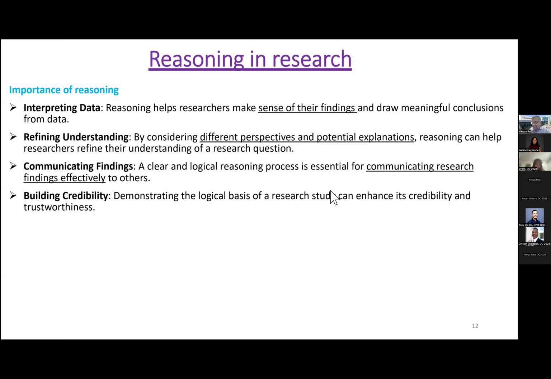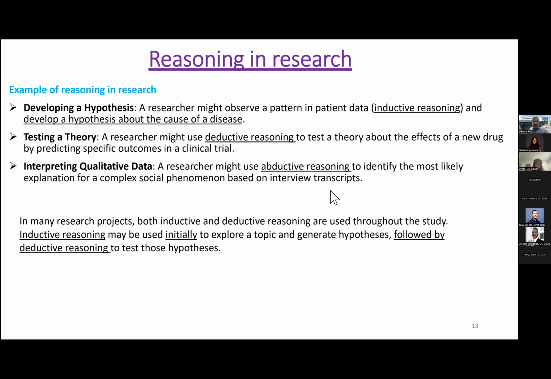So those things may change the result, but it should not change the trend. If expression is increasing, everybody should get it increasing. Not like I am getting an increase and you are getting a decrease. So the trend should be the same, though maybe not the exact same number. That is called the credibility of the research. Then coming to the examples, it helps in developing a hypothesis, testing a theory, and interpreting the quantitative or qualitative data which we are collecting.